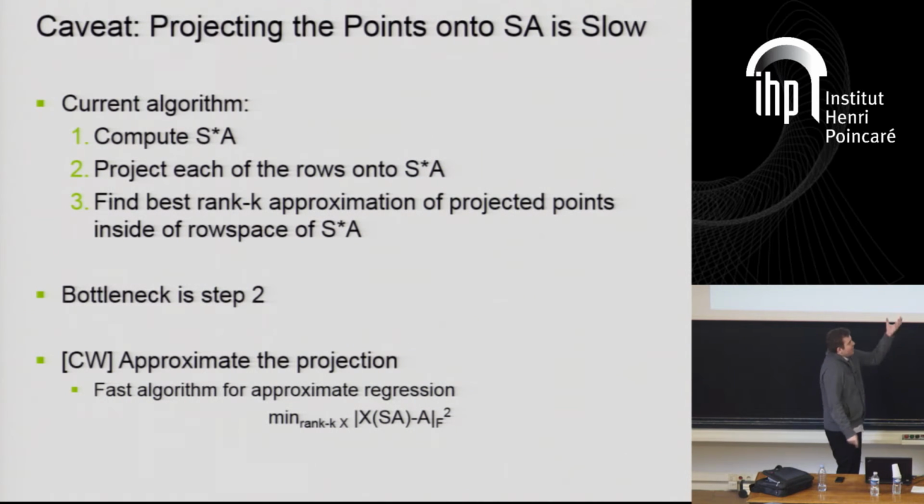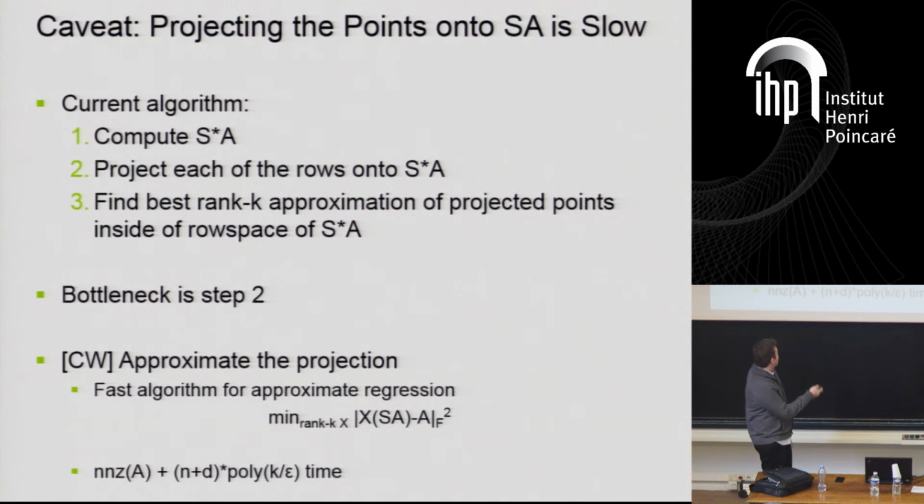So this is kind of like the regression problem we saw earlier. The only difference is it's transposed, so the variables are over here now. And we don't have just a single B vector; we have one for each of the rows of A. But you can still use sketching just as before. And you can solve this problem in nnz(A) plus (n plus d) poly(k over epsilon) time.